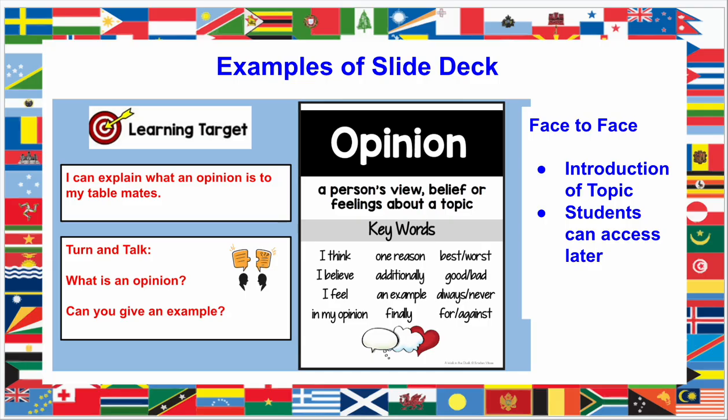Actually, we started Monday, so we started today, and this anchor chart will be here for the students to refer to. The students can access it later, and it has a definition of what opinion means.